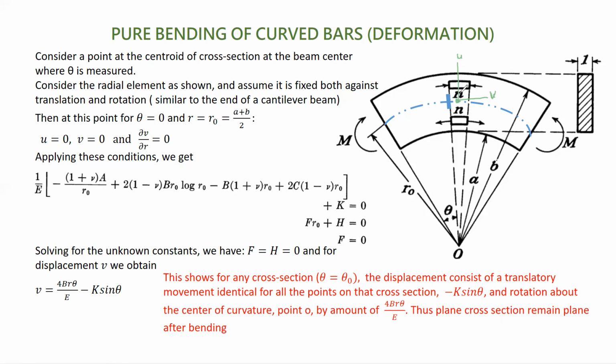U is the radial direction and V is the transverse direction. So we fix that midpoint against translation in vertical and horizontal, or in tangential and radial direction.